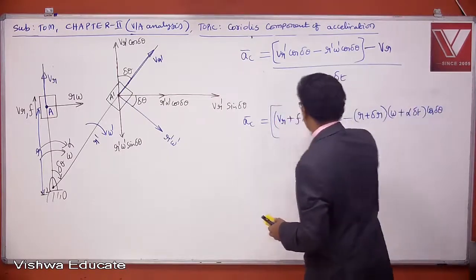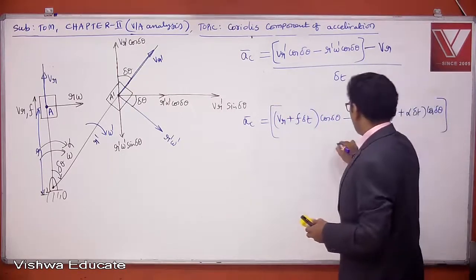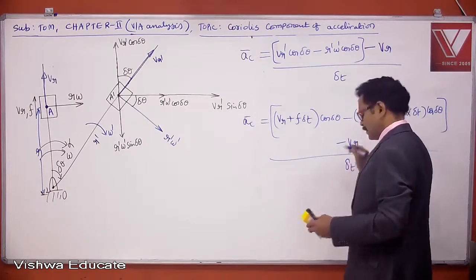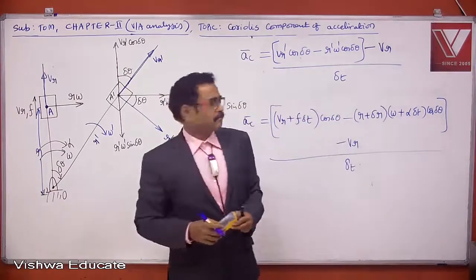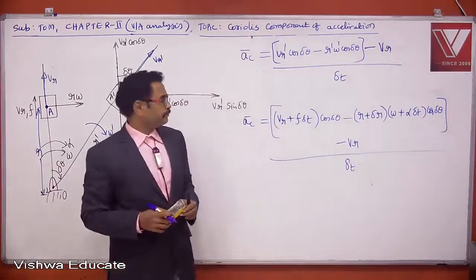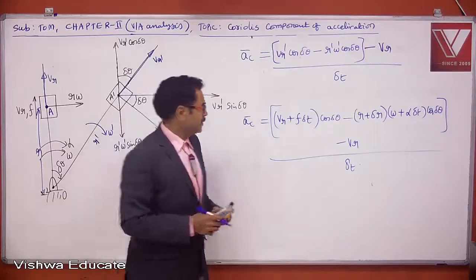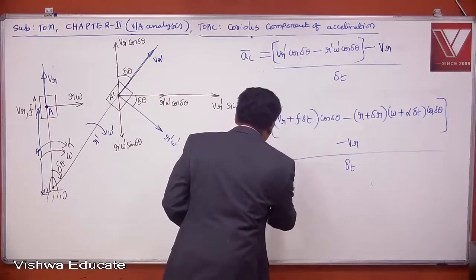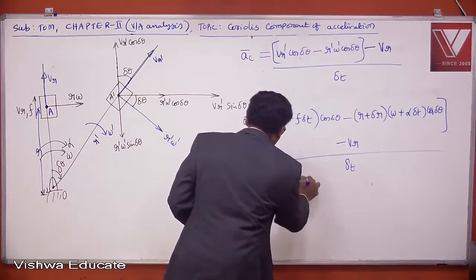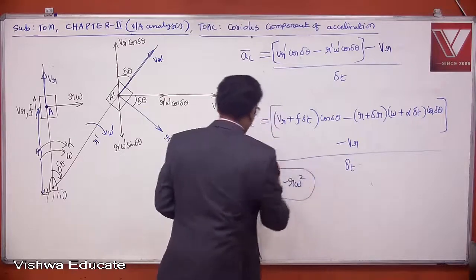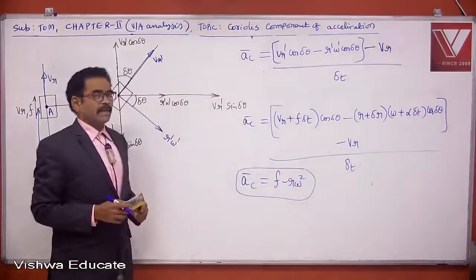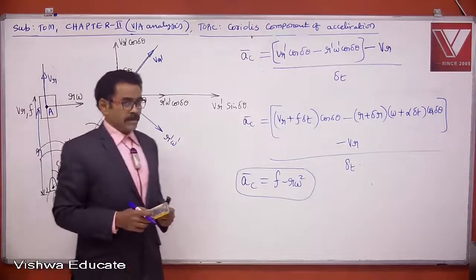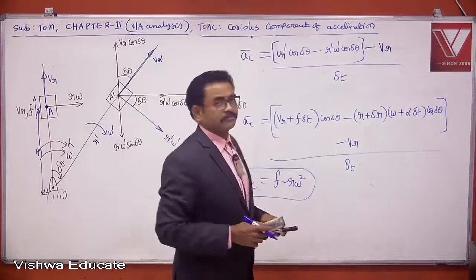So this is the final component minus VR, all divided by delta t. If we simplify this, the total centripetal acceleration is equal to F minus R omega square. You will get this. Total centripetal acceleration equals F minus R omega square.